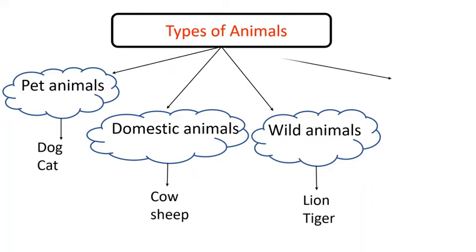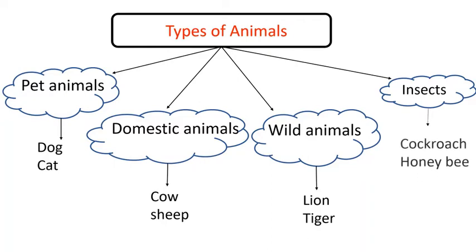Next, animals with 6 legs are called insects. Very good. For example, cockroach, honeybee, housefly, etc. Children, how do animals move?